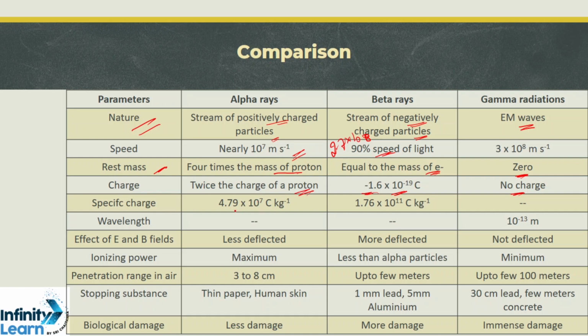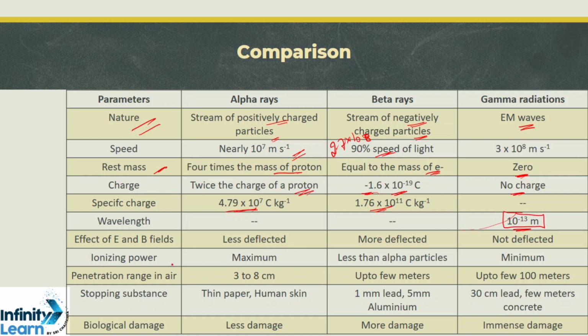Specific charge, we have already seen the calculation. For alpha particle it is 4.79 into 10 raised to 7 coulomb per kg. Beta rays it is 1.76 into 10 raised to 11 coulomb per kg. And we can't calculate it for gamma, but wavelength is known for gamma radiation because it's a wave and it has an associated wavelength which is around 10 raised to minus 13 meter.